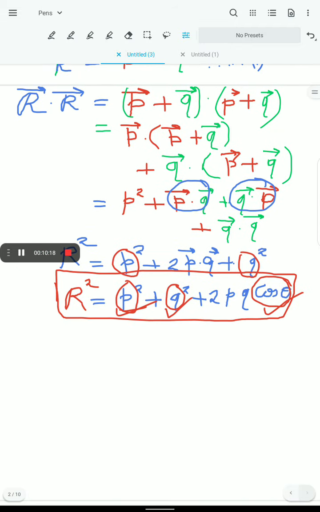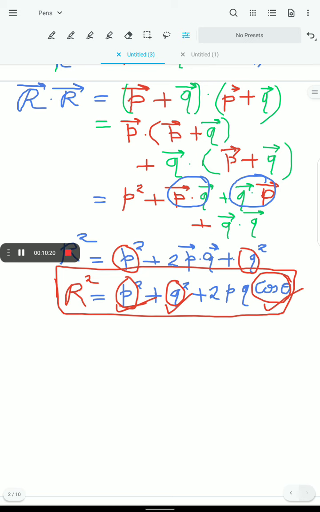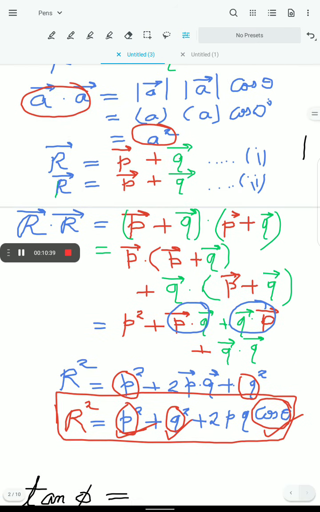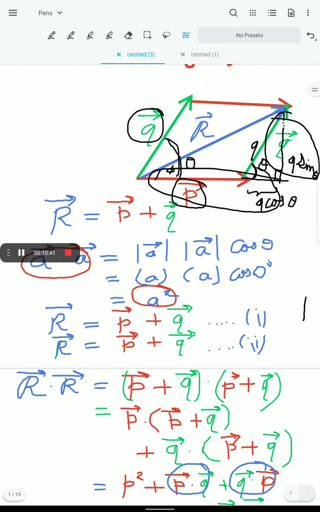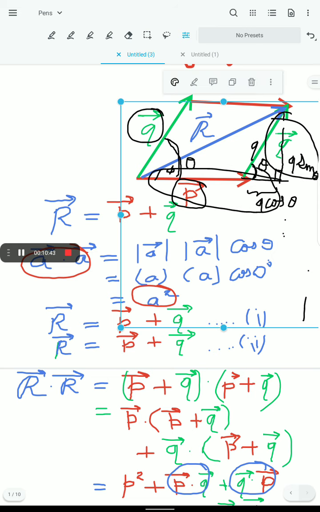So tan phi is equal to the perpendicular by base. Perpendicular, we have observed it to be Q sine theta, and base is P plus Q cos theta.